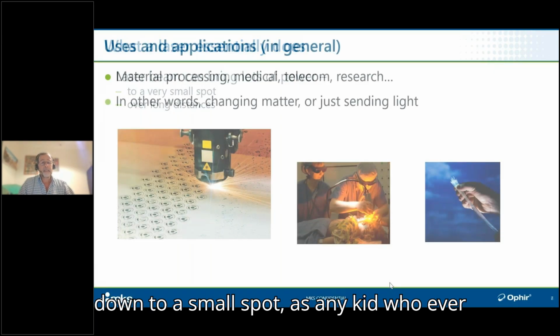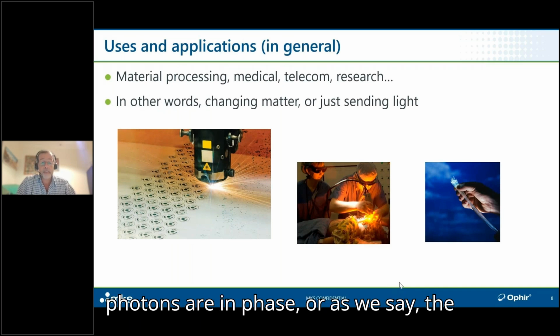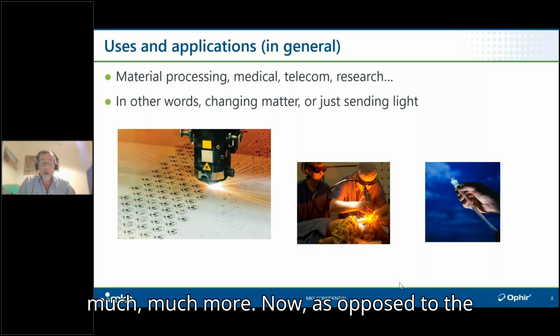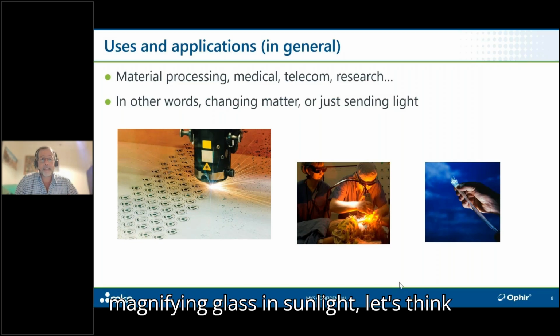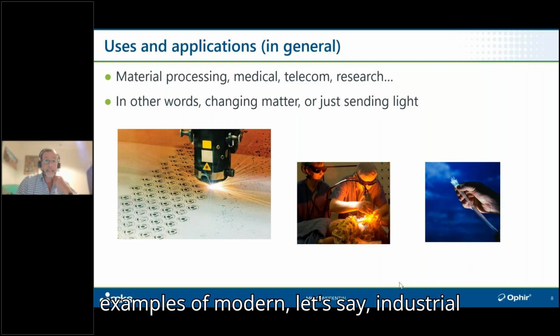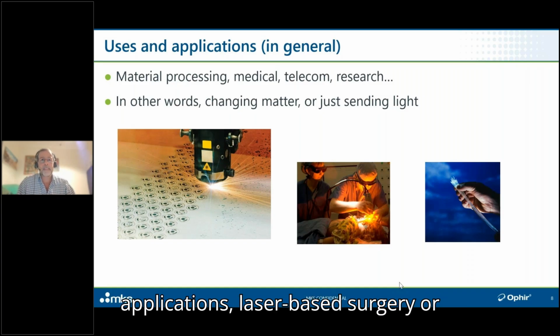So you see some examples of modern, let's say, industrial material processing applications, medical applications, laser-based surgery or imaging or whatever, telecom, research. In other words, we can use the power that's being delivered in a laser beam. We're going to explain what power means in a second, to change matter, by which I mean modifying the matter: cutting, burning, zapping, vaporizing.